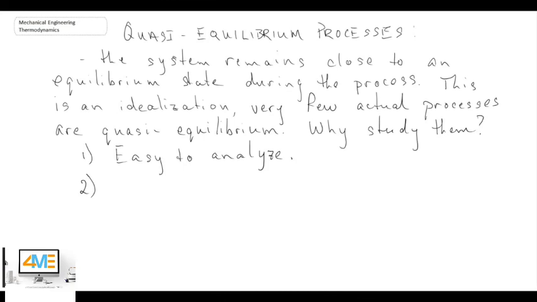The second is that work-producing devices, which is quite often what we'll be studying within thermodynamics, produce the maximum amount of work in the quasi-equilibrium process state. And consequently, any real-world systems would be a little under what we would get out of a quasi-equilibrium analysis. So this is basically the best-case scenario that we're studying.